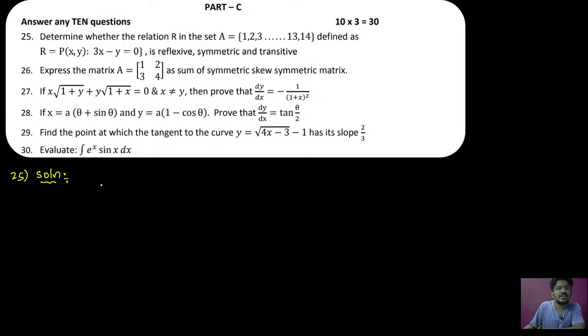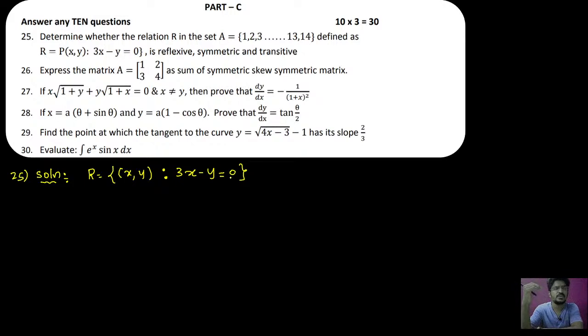Here, determine whether the relation R in the set A equal to the set of 1 to 14, defined by R equal to the set of x comma y such that 3x minus y equal to 0. In the question they have written R equal to P, which is a typing mistake.